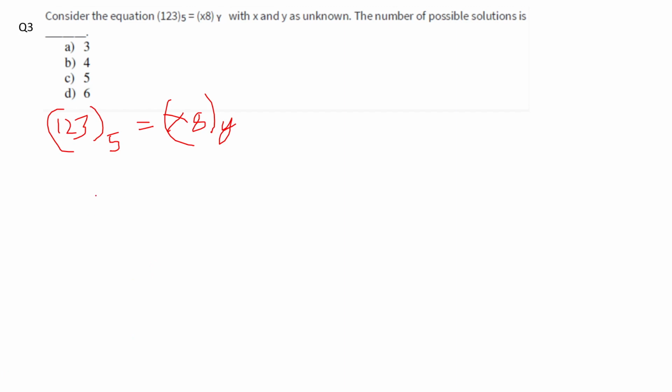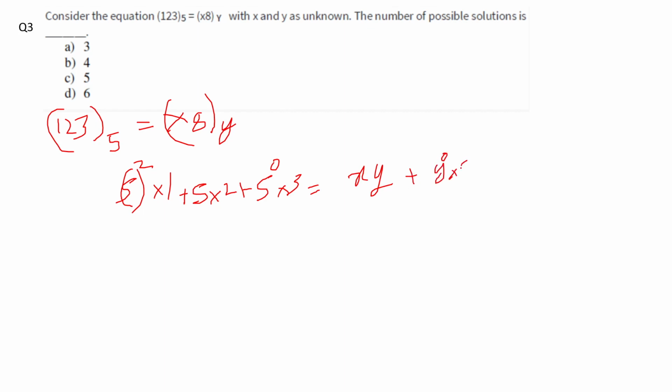So this can be written like this: 5 squared multiplied by 1, plus 5 into 2, plus 5 raised to power 0 multiplied by 3, equals x times y plus y raised to power 0 multiplied by 8.